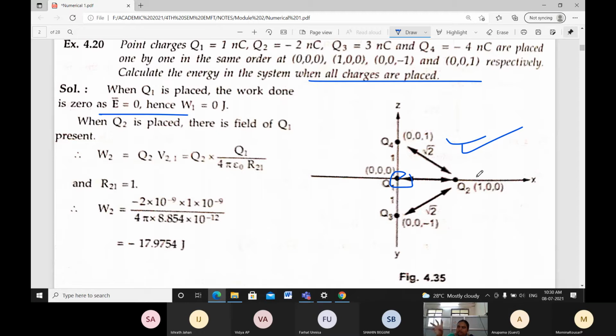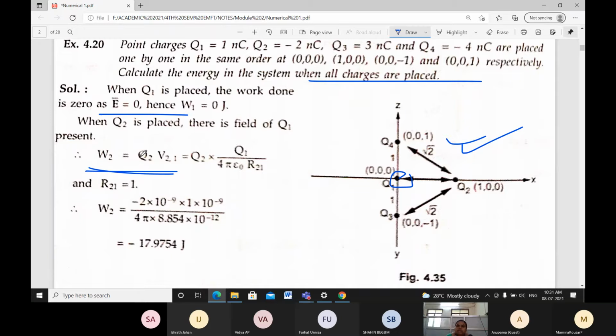When I pick up Q2 and place it in the coordinate system at the distance 1 0 0, the field of Q1 is already present. Then what is W2? This is how you have to write it, it is in the theory part and already explained. Just go through it once, then it will be easy for you.